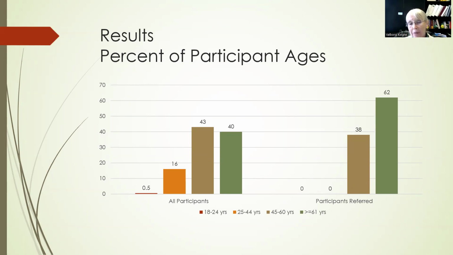So we did have some people in the 18 to 24 years, just a very small percent there. We also had some participants from 25 to 44 years, approximately 16%. The majority of the participants were 45 years and older. And of the participants who were referred, they were all 45 years and older, with the greatest percent being in the older age group of greater than or equal to 61 years.